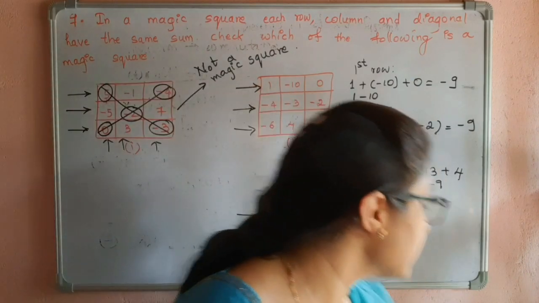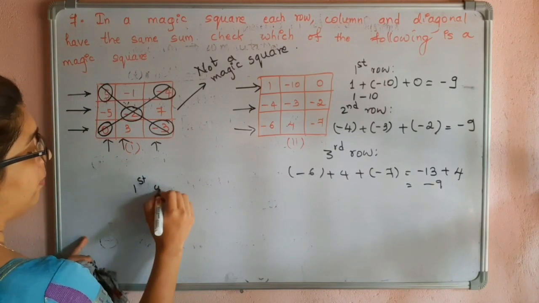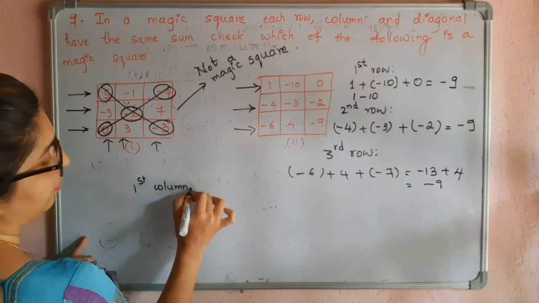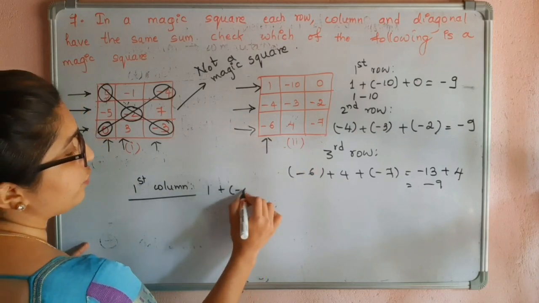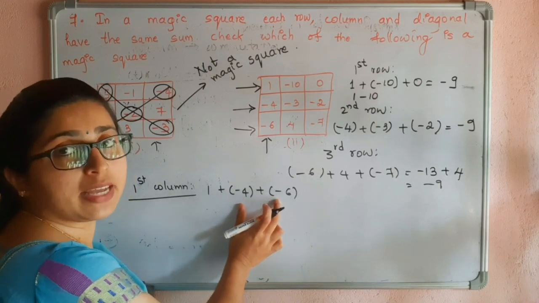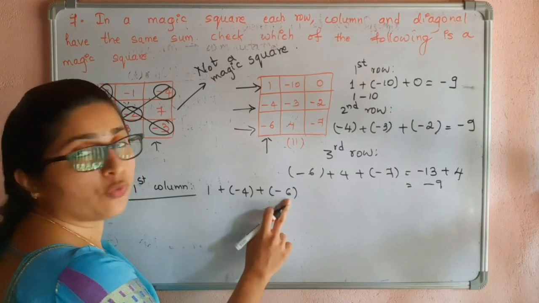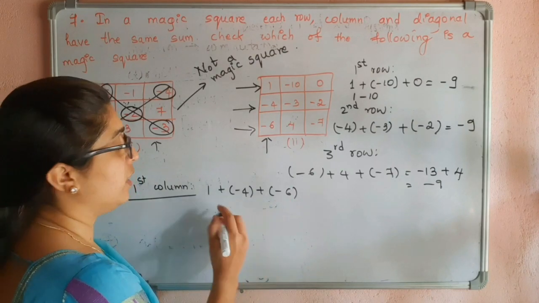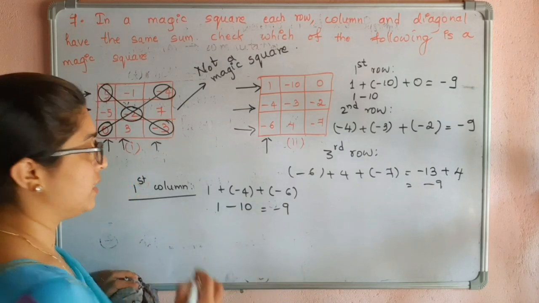Next let us go for the columns. First column: 1 plus minus 4 plus minus 6. These have the same sign, so I will add the absolute values and keep the minus sign as it is. 6 and 4 is 10, so it will be minus 10. 1 minus 10 is nothing but minus 9.